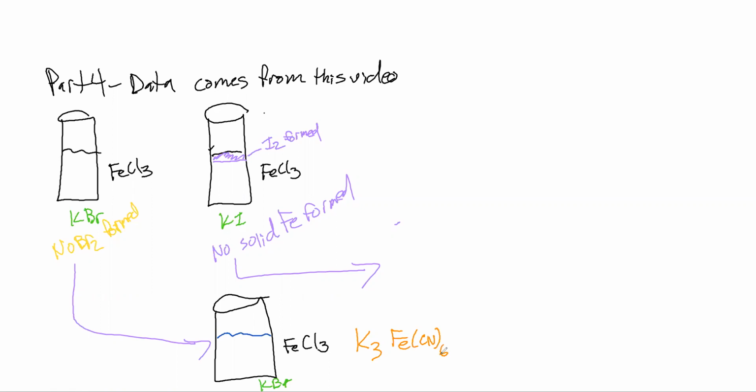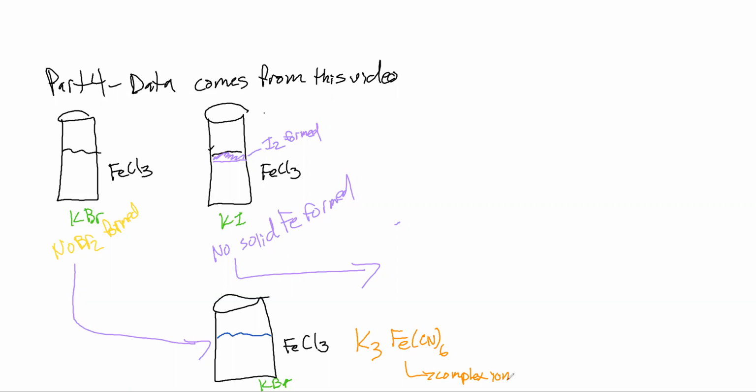Now, what's interesting about this is that this compound is basically releasing this complex ion. That complex ion will take on a bluish color or form a blue precipitate when it interacts with Fe2+.